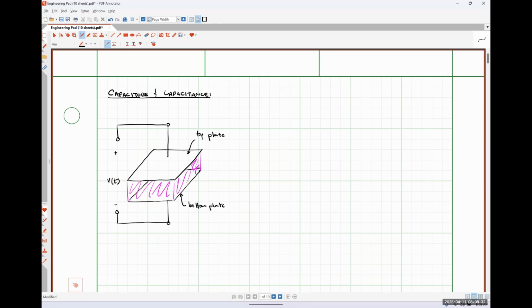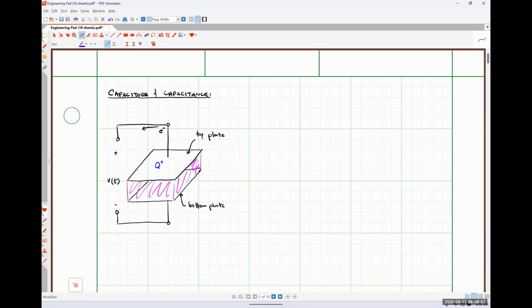And so as those electrons move towards that positive polarity terminal of the voltage source, I'm going to start to accumulate some charge, which I'm going to call Q plus, on the top plate.